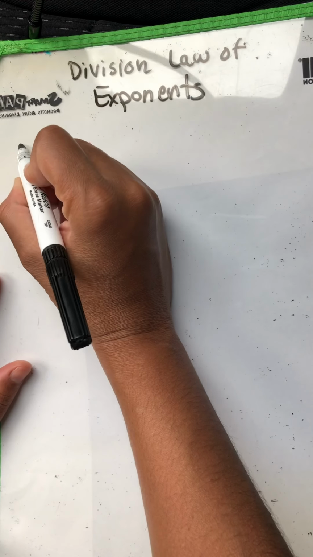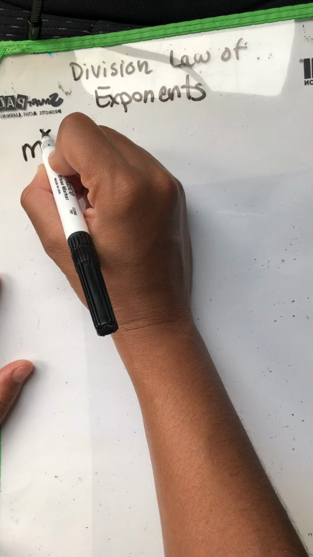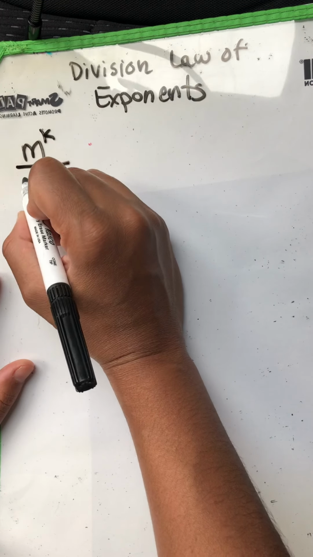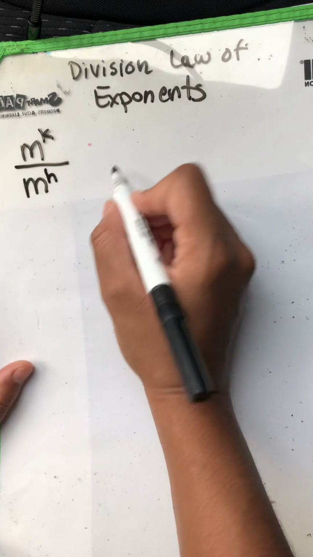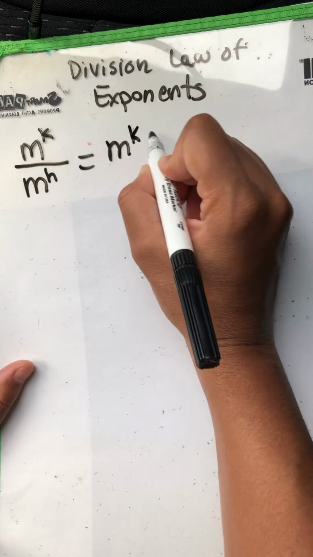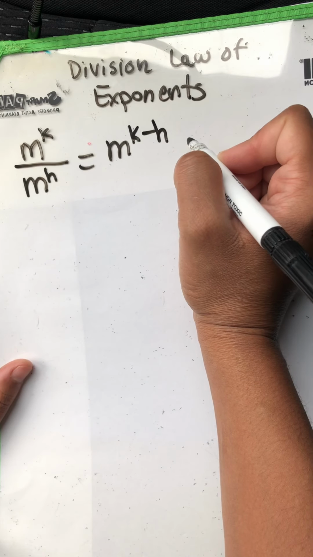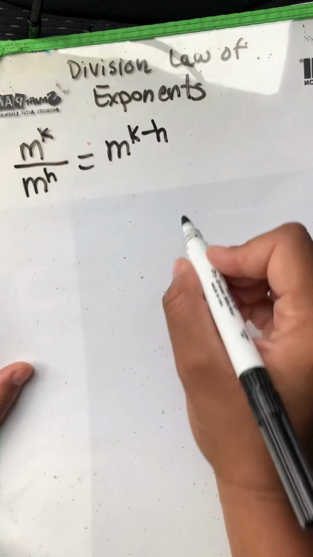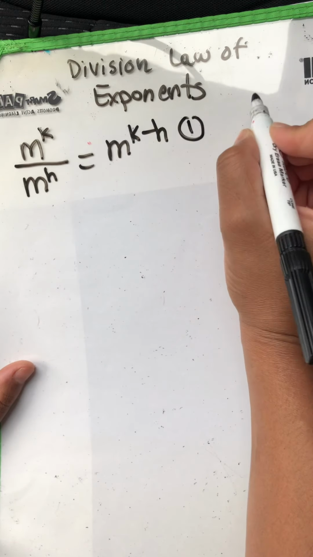What you're going to see is when you have an item that has the same base, but it's in a division problem, what you are allowed to do is subtract the top minus the bottom exponent. This is okay. I like to follow these two questions.